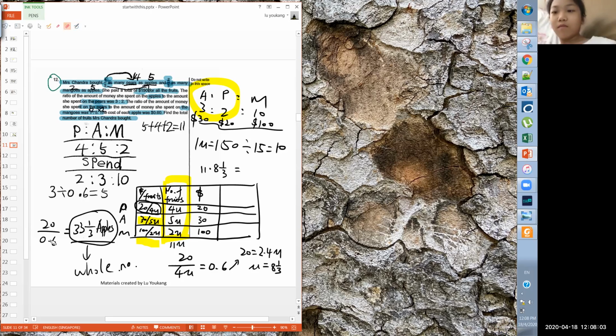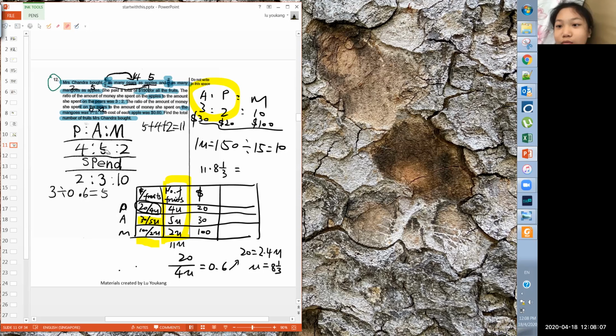Is here. Apple 是这里，我签错了。So I should be looking at this. So that means I should be using 30 divided by 5u. Okay?